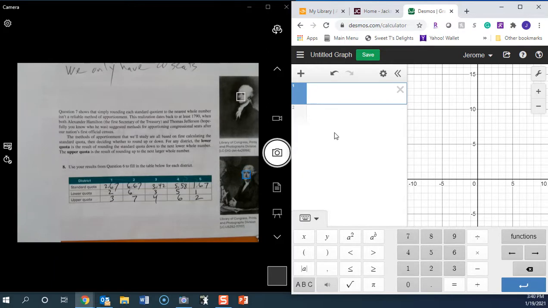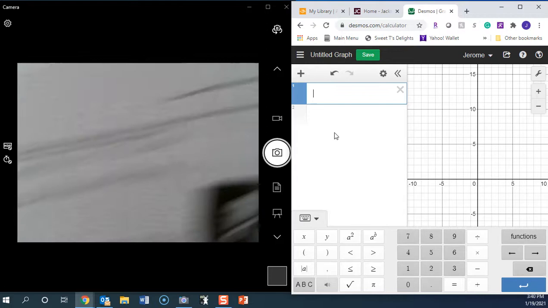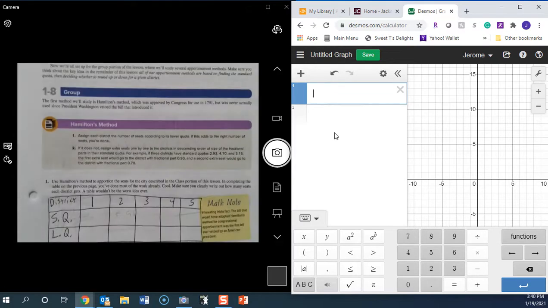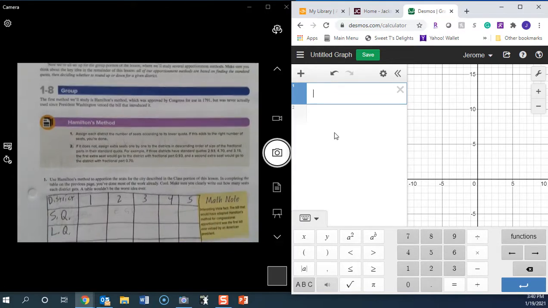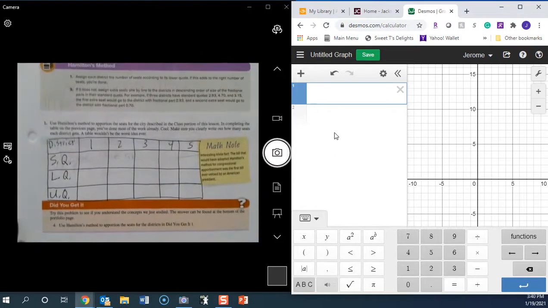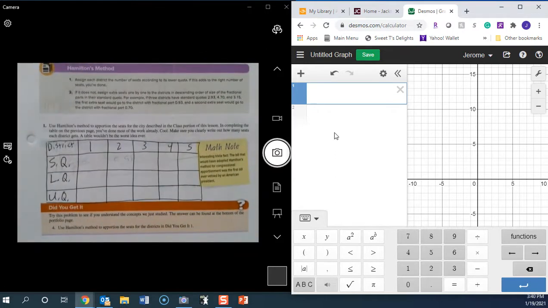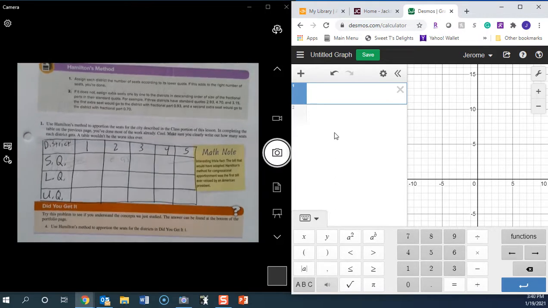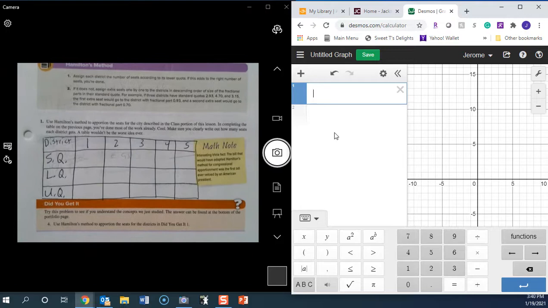Okay, now we move on to page 100. It says here, use Hamilton's method to apportion the seats for the city described in the class portion of this lesson. In completing the table on the previous page, you've done most of the work already.